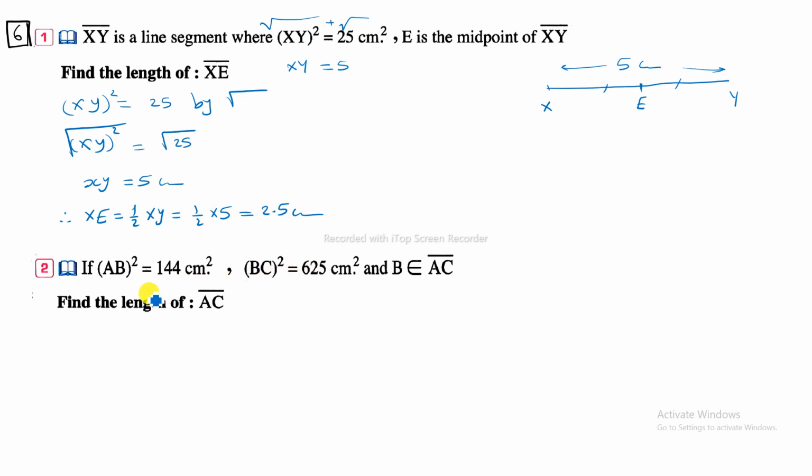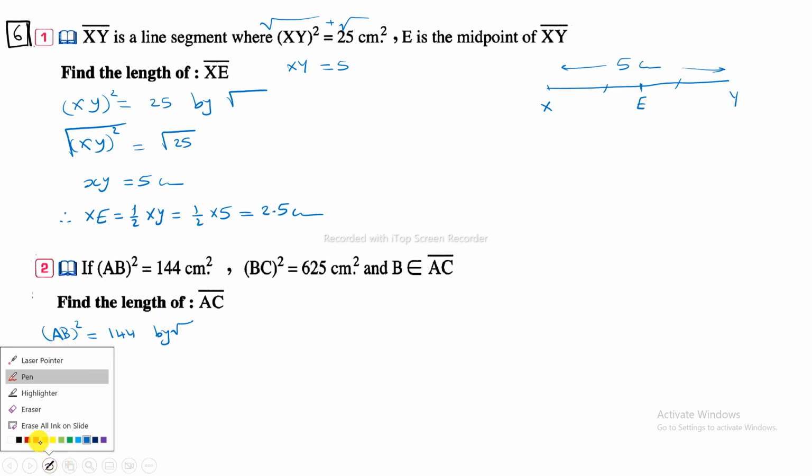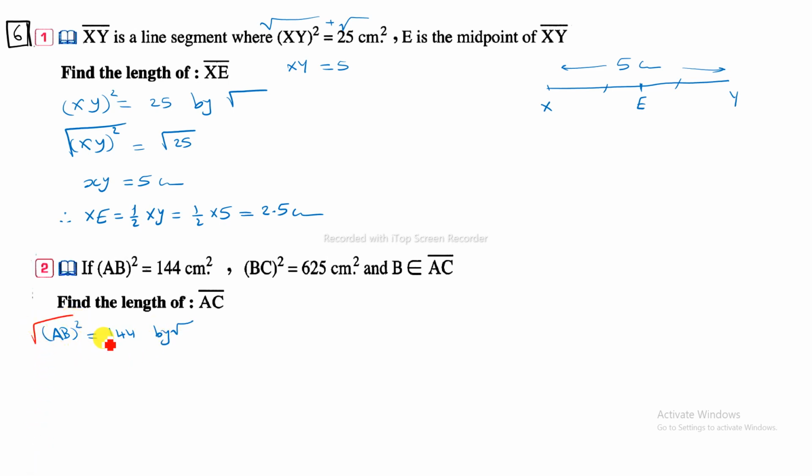The next number 2: AB to the power of 2 is equal to 144. We take square root of both sides. Here AB power 2 is equal to 144. By taking the square root of both sides, square root of AB power 2, and here square root of 144. I didn't write positive or negative because it is talking about length of a line segment.